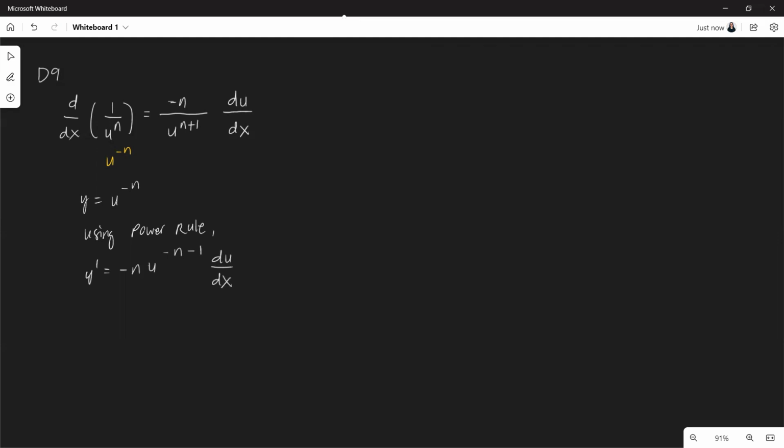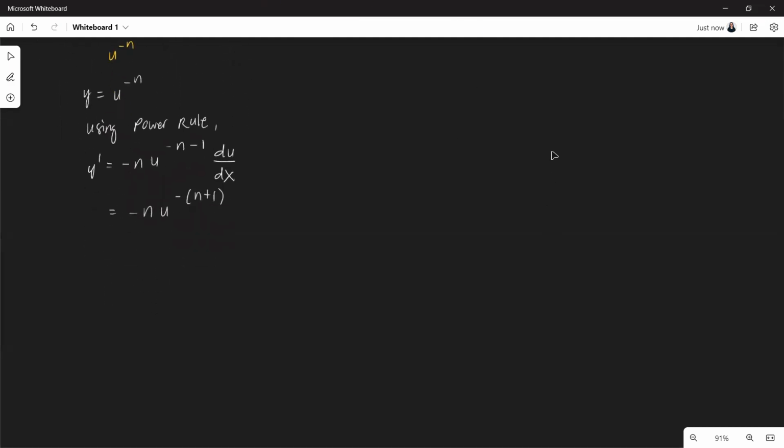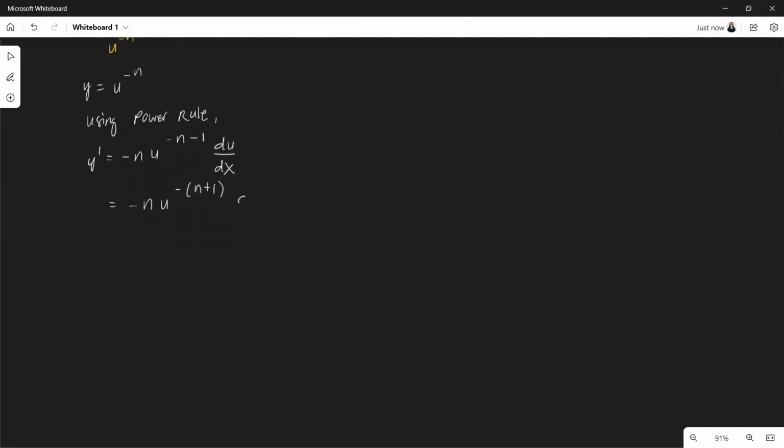So -n minus 1 can be written as negative of n plus 1 if we put the negative sign outside, and then times du over dx.